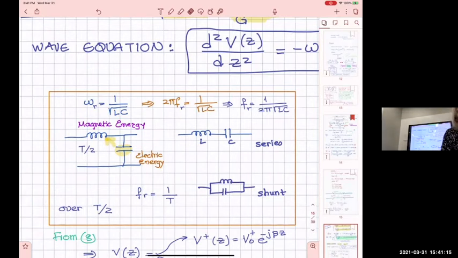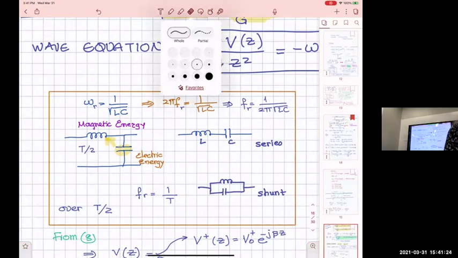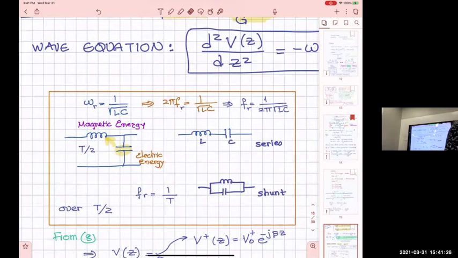First of all, I wanted to remind you, because we are going to see that later, and I want you to remember that. Okay, so what does it mean that the circuit resonates at that frequency? I will erase some things here.